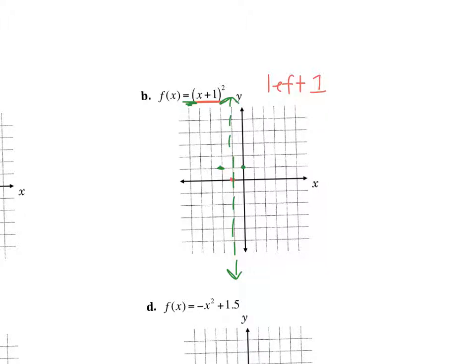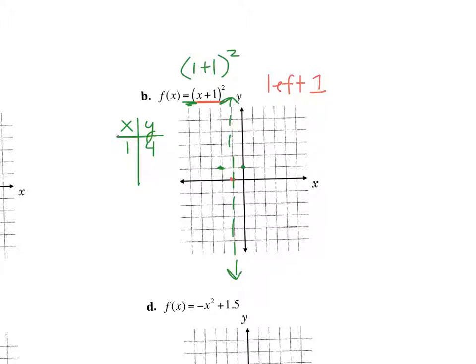If you want one more point, which I highly recommend, what's a good number to plug in for your x right now? 1. Plug in 1, right? That would be the next point over. So if you plug in 1, this is 1 plus 1 squared. So 2 squared is 4.